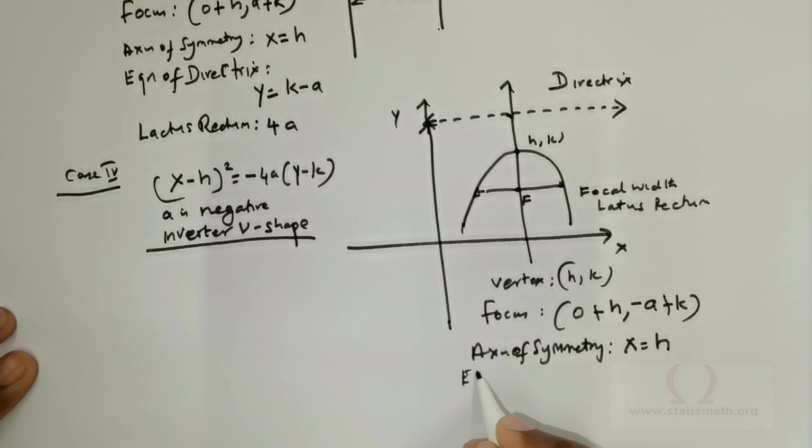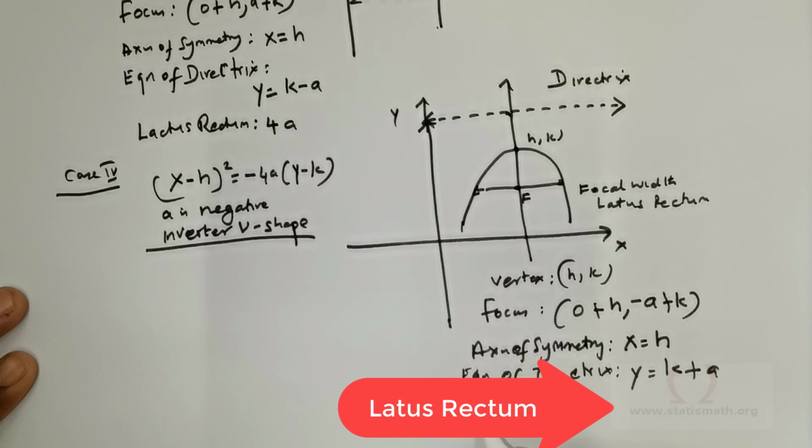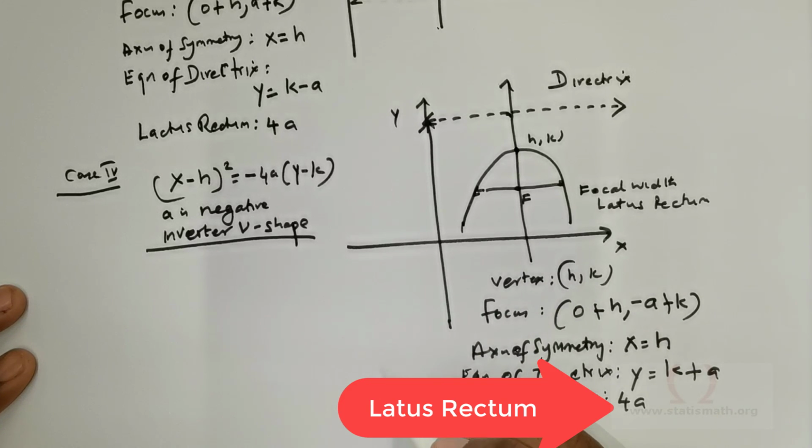The equation of the directrix is given to be y = k + a. The latus rectum is 4a. So providing all this information will ensure that you complete the question.